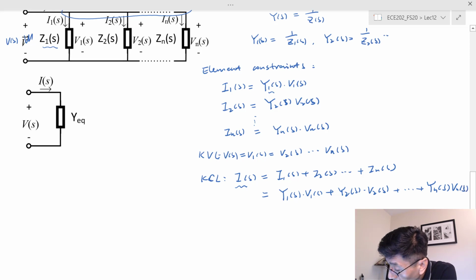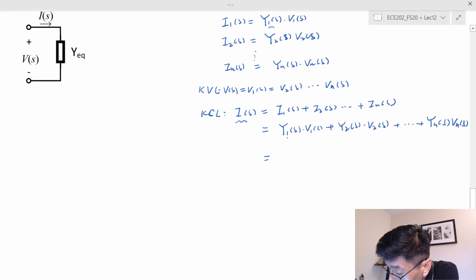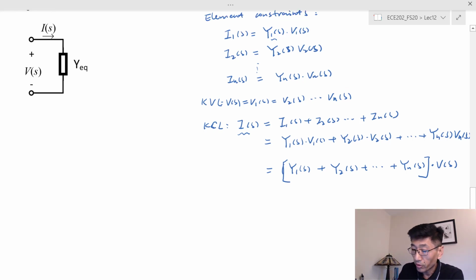And since all these voltages equal the total terminal voltage Vs, I just factor the Vs out. So I have y sub 1s, put brackets here, plus y sub 2s plus y sub ns, times Vs, right? That's for the first circuit.